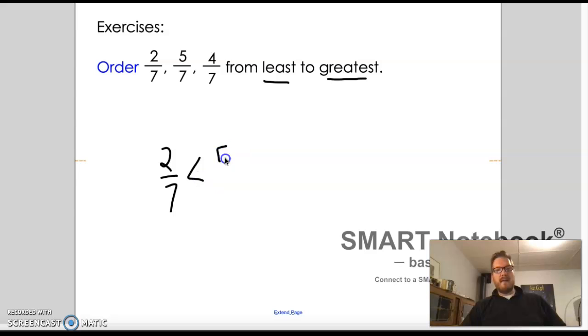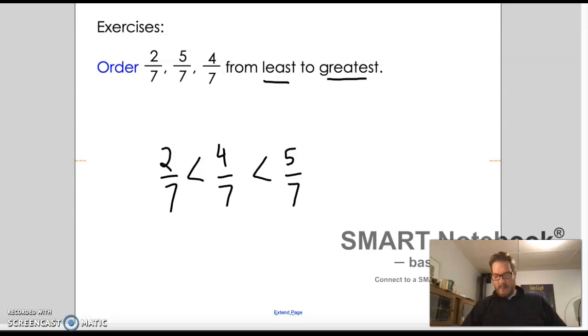That is smaller than 5/7. Nope. Let me back that one up. 2/7 is smaller than 4/7, which is smaller than 5/7. So that is the fractions in order from least to greatest. And I can show that using my inequality signs.